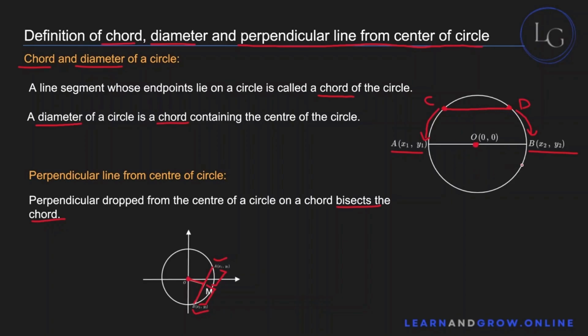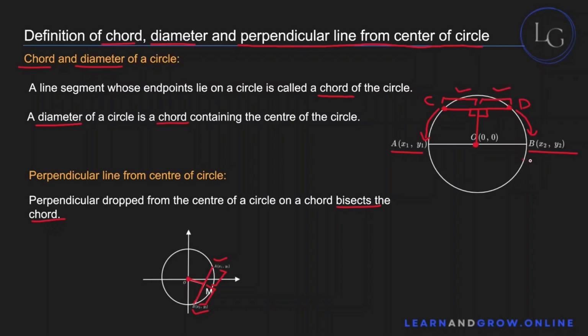So let's just take an example on this bigger circle over here. Let's say you have this chord over here, let's just take this one, CD. Now, if you draw a line that goes from the center to the chord, and it must be perpendicular to the chord, so this is 90 degrees, then this half and this half are both equal.